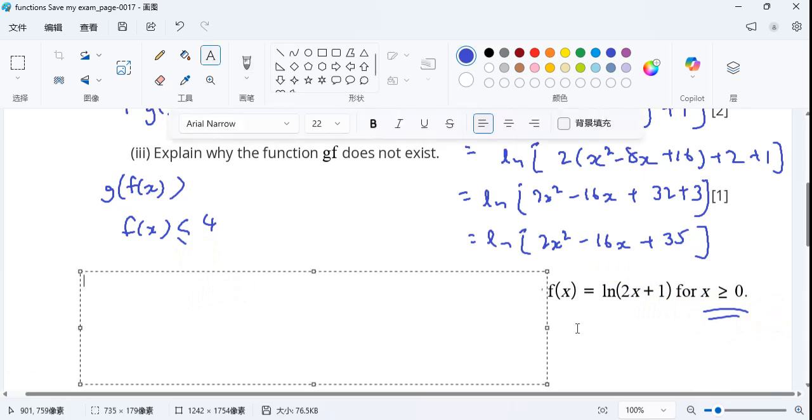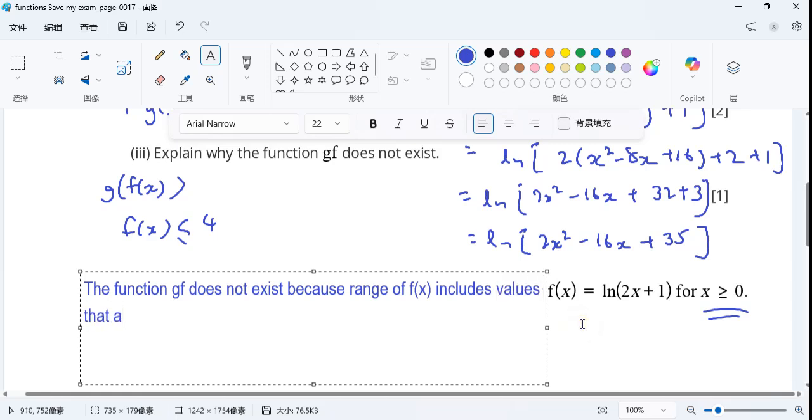The answer will be: the function gf does not exist because the range of f(x) includes values that are not valid in the domain of g(x).